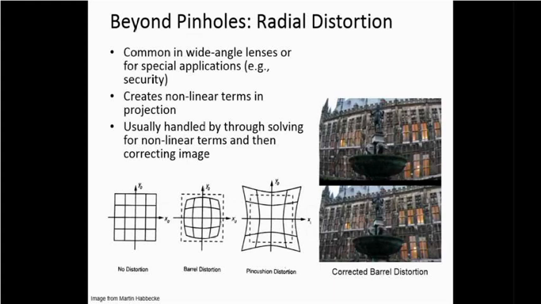Or you can have barrel distortion, where things get compressed at the corners. And usually these distortions are due to the lens, not due to some failure to make a flat sensor plane. So commonly you have 2 to 4 additional parameters that account for this distortion.